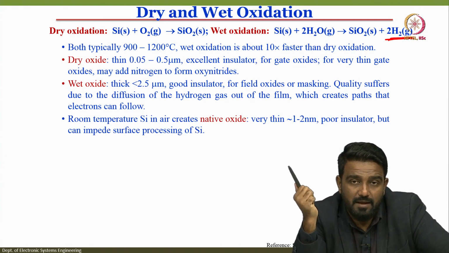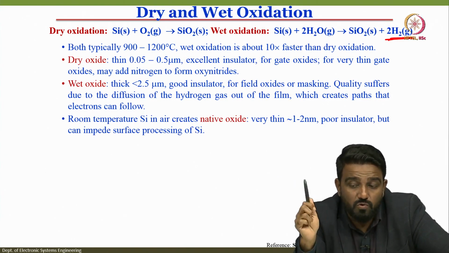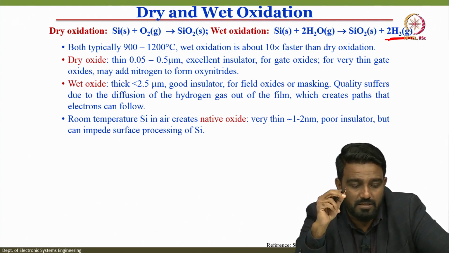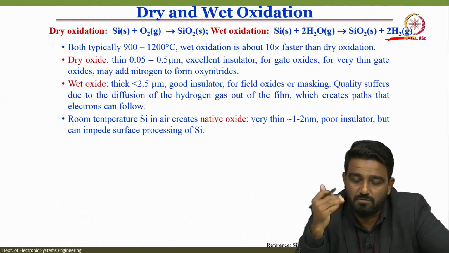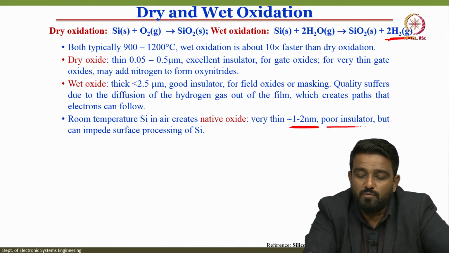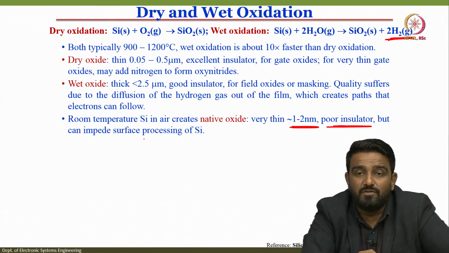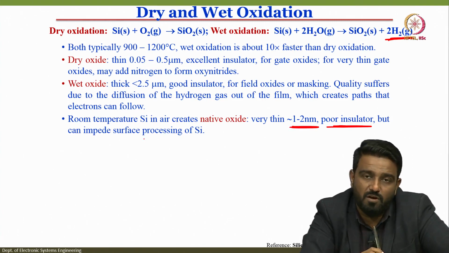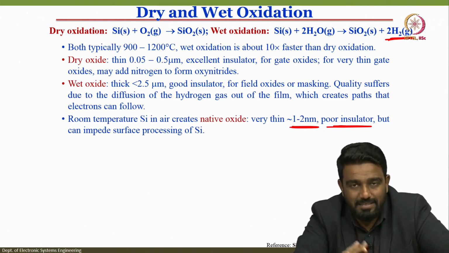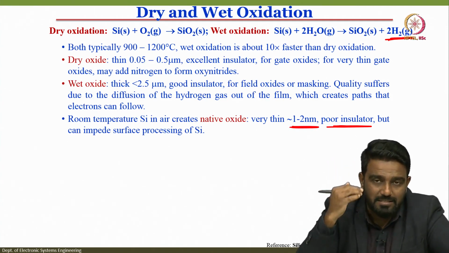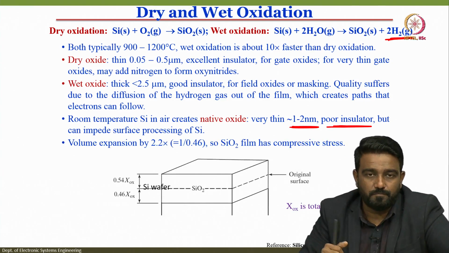So, wet oxidation cannot be used for gate oxides. Room temperature silicon in air creates a native oxide of about 1 to 9 nanometers, which is a very poor insulator and can impede surface processing of silicon. That is why, when you have a new wafer, you have to do RCA1, RCA2 and an HF dip.